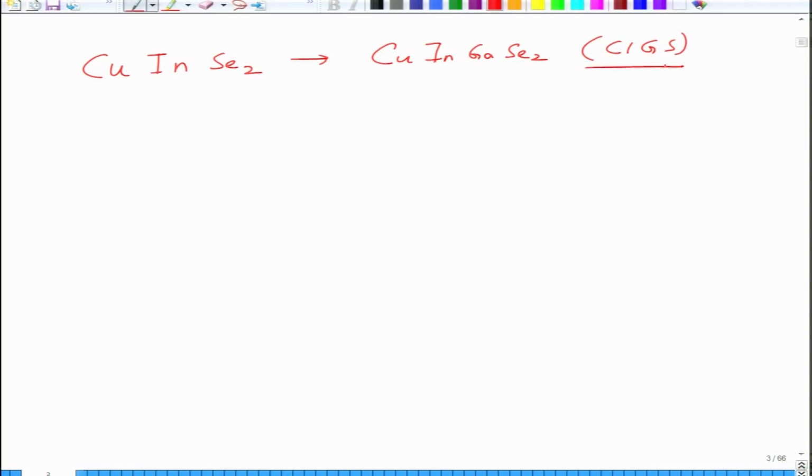Now, we discuss another technology which is basically copper indium selenide, but it is doped with gallium generally. So, essentially it is copper indium gallium selenide, also called CIGS solar cells.